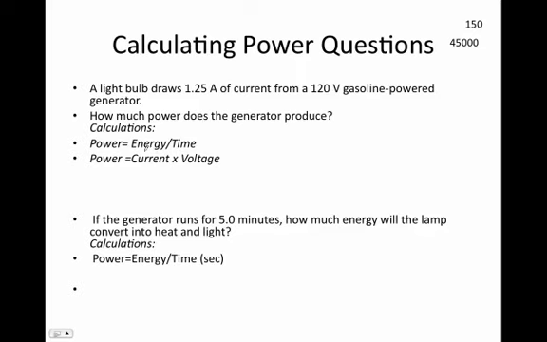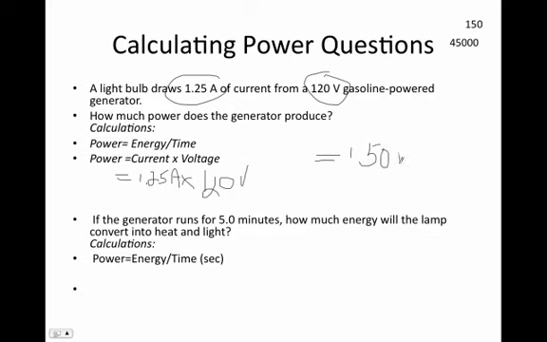Here are our two formulas, either energy divided by time or current times voltage, and we have a current and we have a voltage, so we can plug those numbers in. 1.25 amps times voltage of 120 volts, and when we multiply those out we get 150 watts.